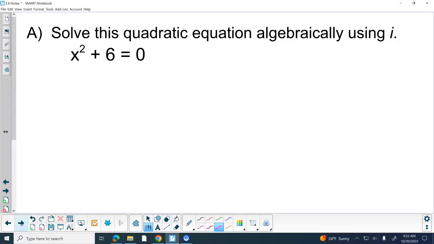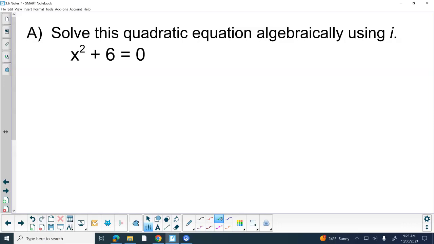Since you don't have a linear term in it, you can first off subtract 6. Normally, if you had a linear term, that linear term being like an x term, like -5x or +7x, something like that in there, then you got to get it equal to 0.